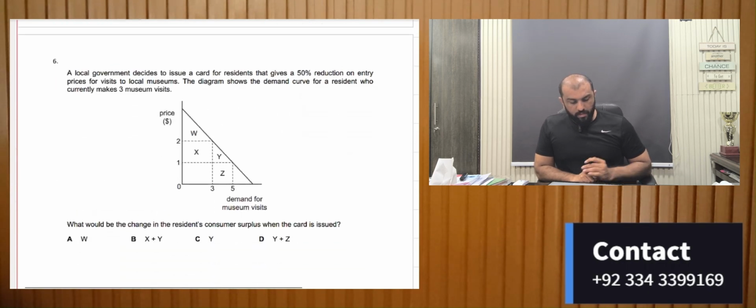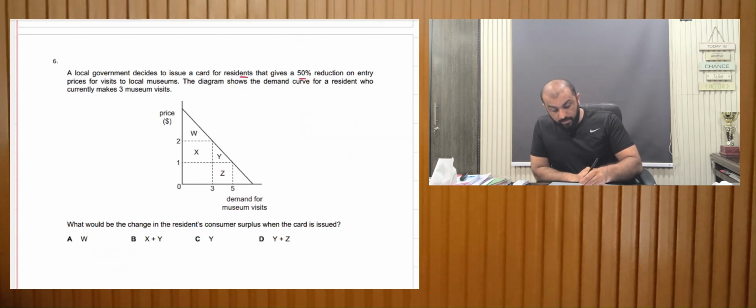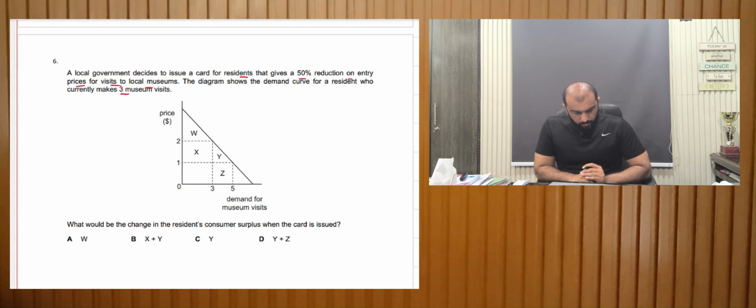6. The government decides to issue cards for residents that give a 50% reduction on entry prices for visits to a local museum. The diagram shows the demand curve for a resident who currently makes 3 museum visits. All right.